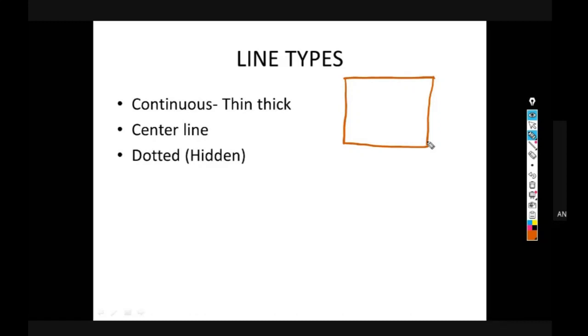No, I'm talking about general drawing, not structural drawing. What is the meaning of a continuous thick line? So let's see, there are 3 types: border layout, continuous line, drawing sheet, center line, and dotted lines. Where is the center line used, where is the thick continuous line used, and where is the dotted line used? Now let's think in some different way.